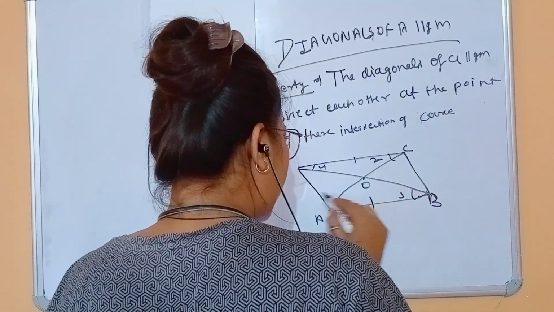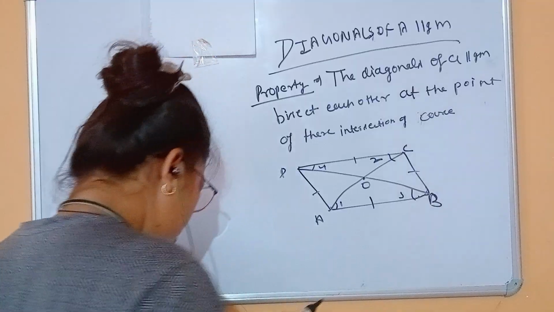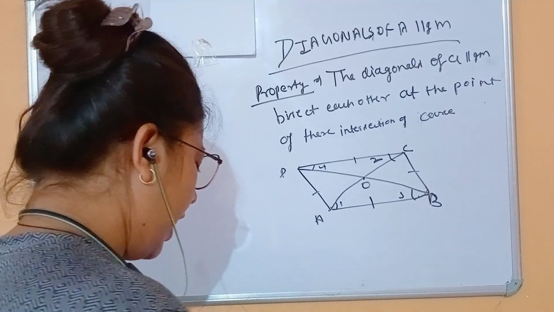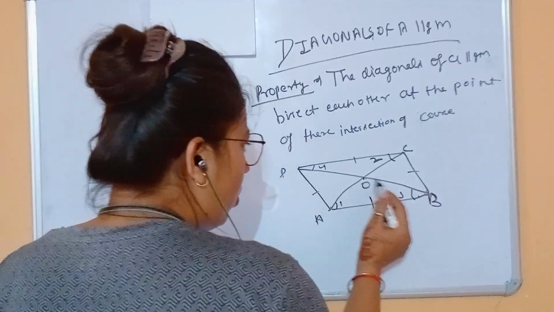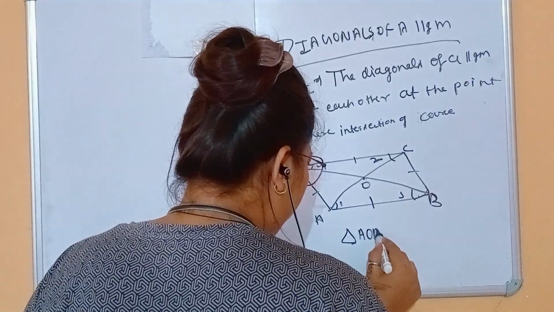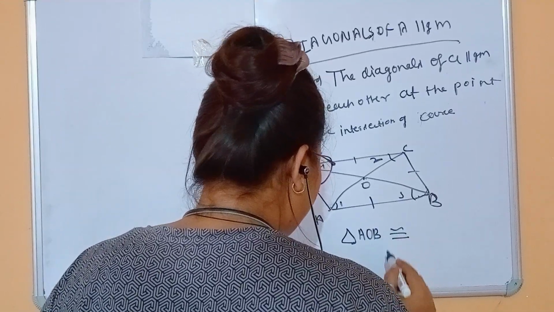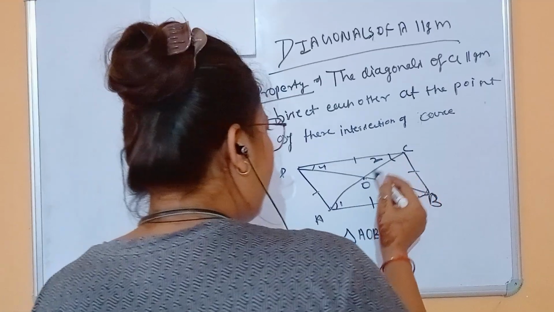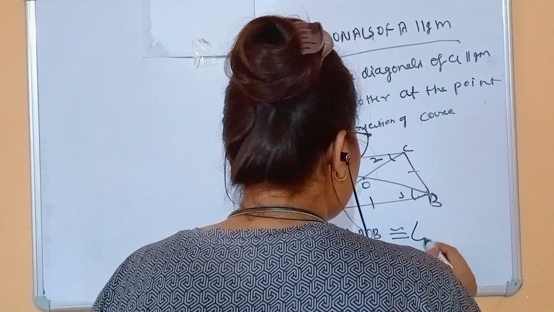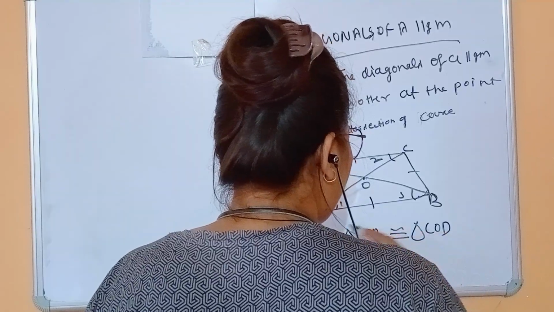Both sides, this side equal. So it says triangle AOB is congruent to triangle COD.